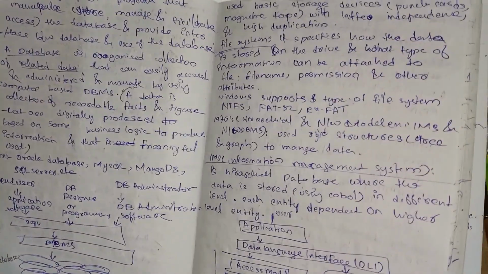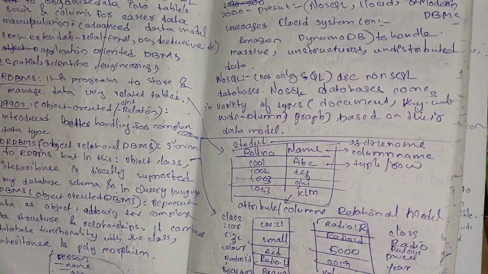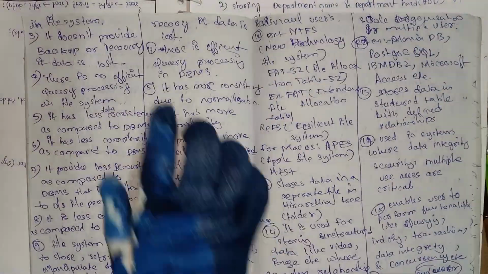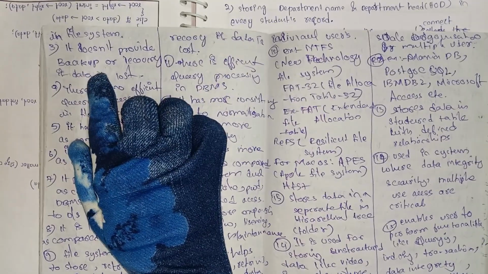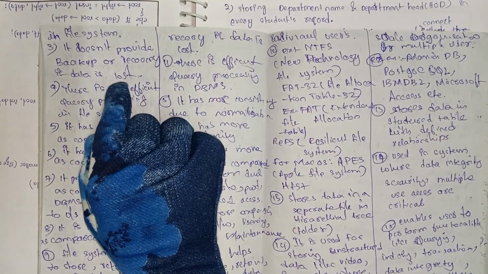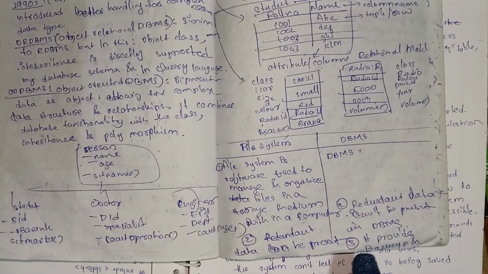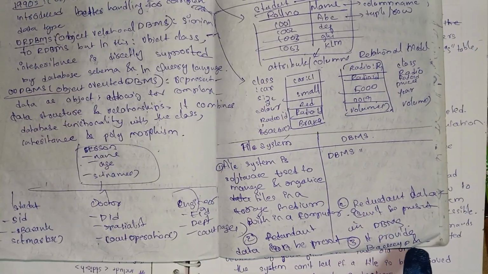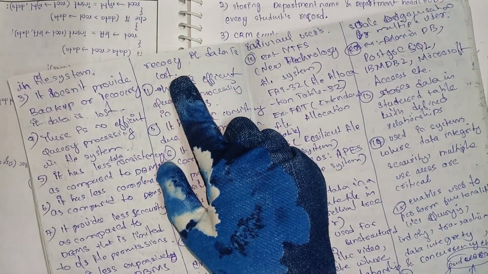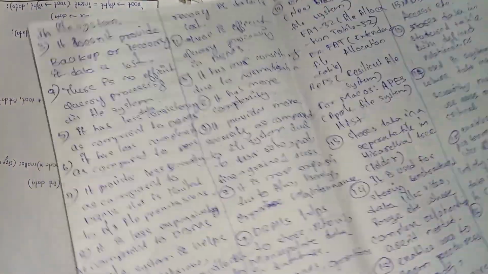And then the third point is that the file system does not provide backup and recovery if data is lost, and in DBMS it provides backup and recovery if data is lost. So we will see what backup is.